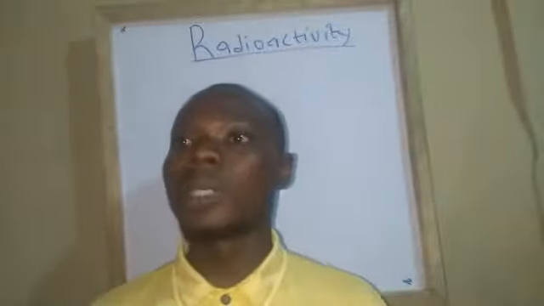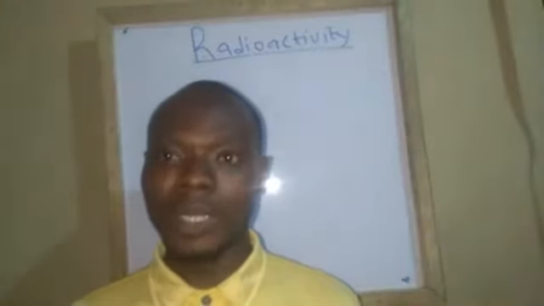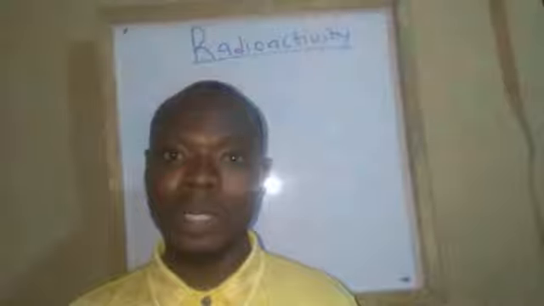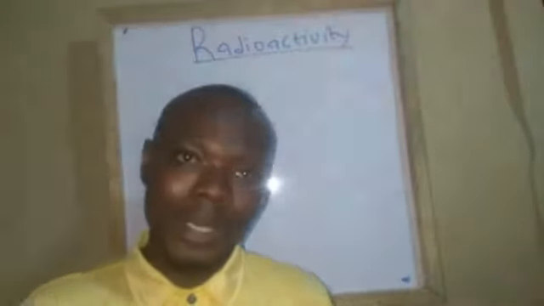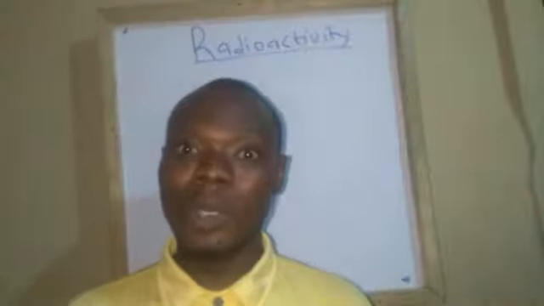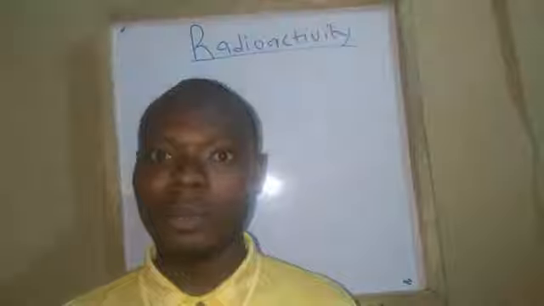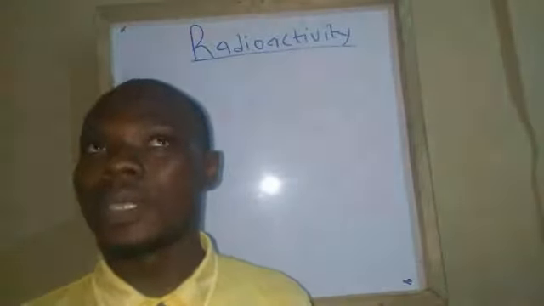When you say something is spontaneous, it means it happens without anything really causing it. So it's just emission of radiation, and the radiation could be alpha, beta or gamma.